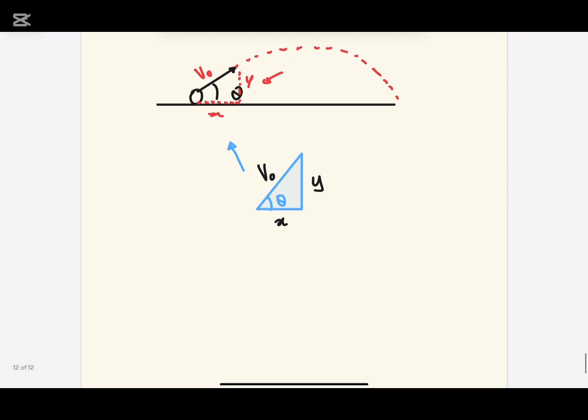So let's look at how we could use cosine. We know that cosine of theta is equal to the adjacent over the hypotenuse.